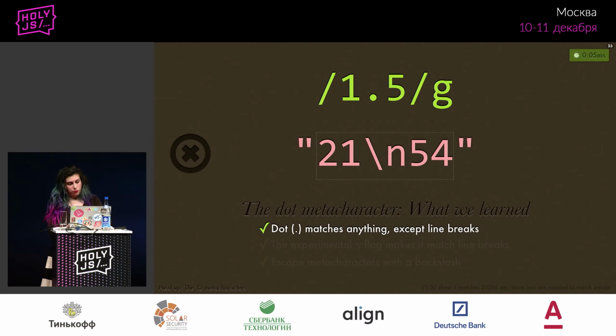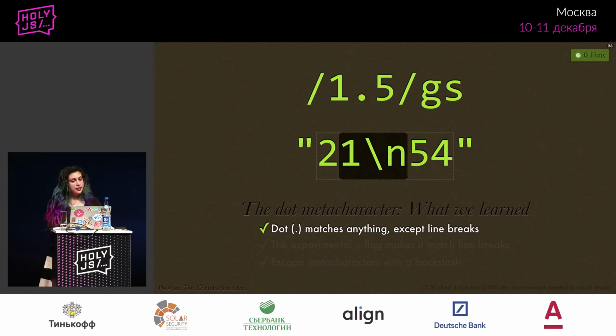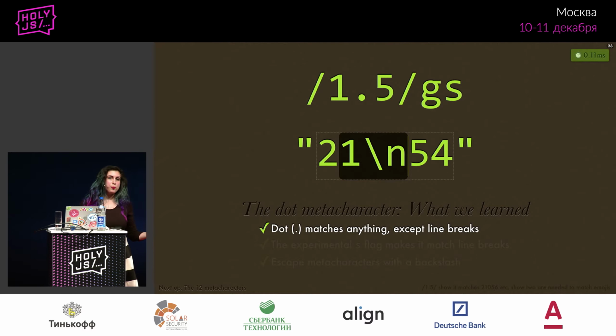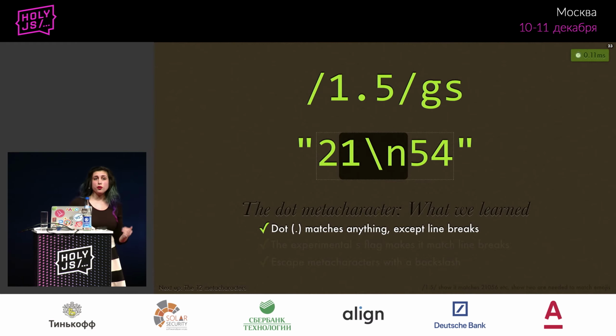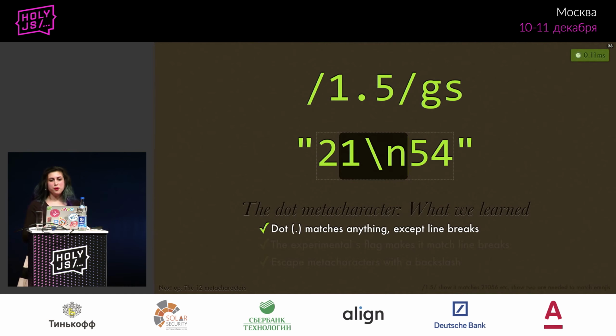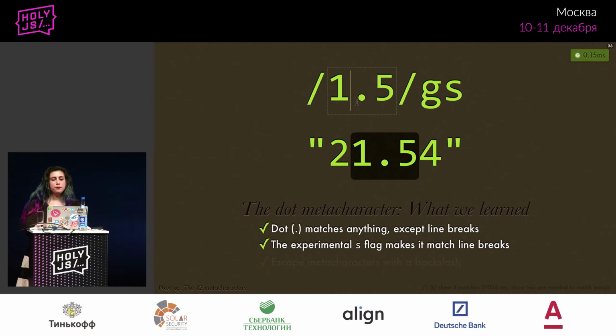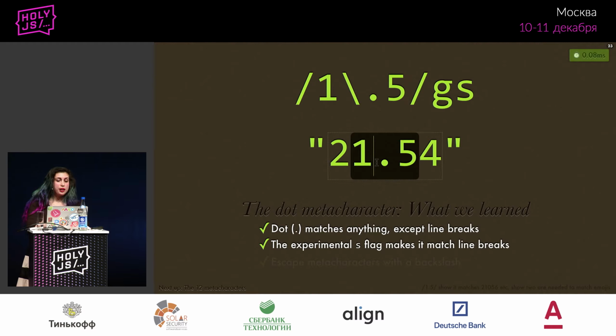And so if I do Control and S, you can see that now the dot matches the line break as well. Sadly, the S flag is still a proposal in stage 3. It's implemented in Chrome, but not that much more. I think it's only Chrome and Safari technical preview, but it's coming. So the S flag makes it match line breaks. And what happens if we actually just want to match the dot here? We can escape it with a backslash, and now it does match the dot, but nothing else.